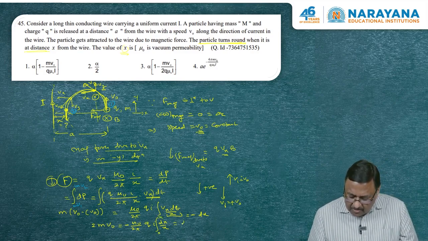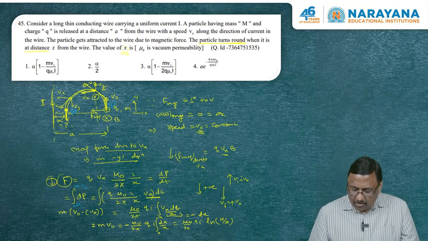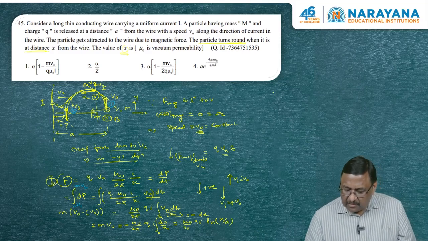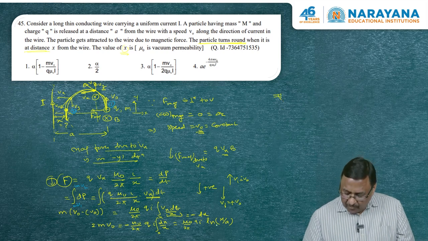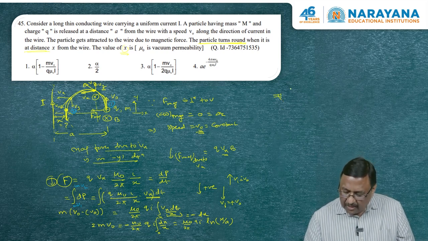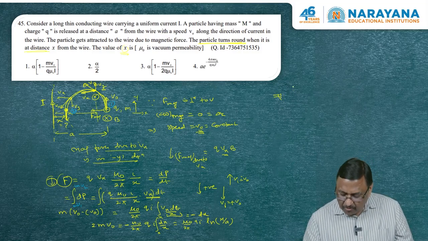If I write this, it is going to be mu naught upon 2 pi qi, log of x upon a. I hope you got your answer from here. So this simply implies what? You just see here, log of x upon a is going to be something.